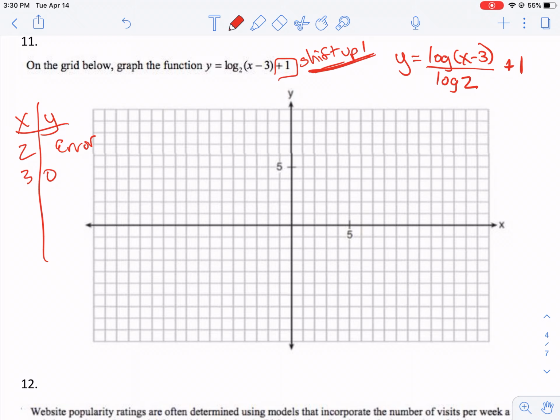So let's see, let's do 6 is 1.04, and I don't know, let's do 13 is 1.5. Just trying to spread them out a little bit because they're really close together. So x equals 2 is my asymptote.